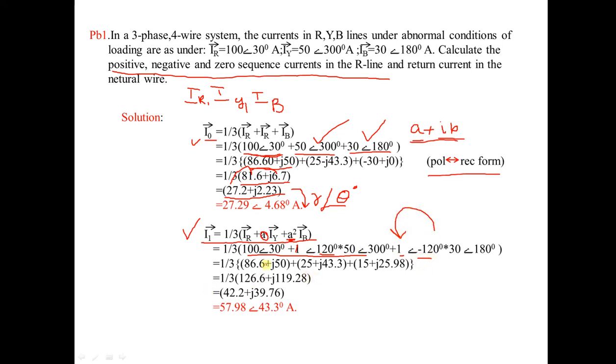Change polar to rectangular form, add the real and imaginary terms, and then convert into polar form.